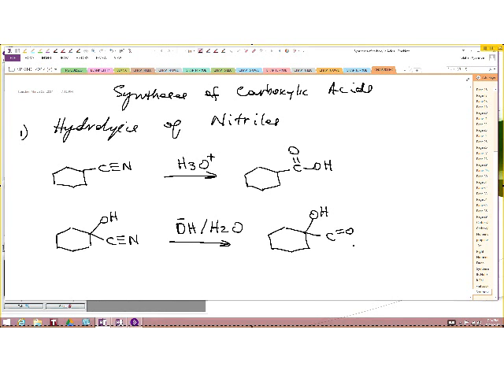and then when you do that, you get this. Because you are doing this under basic condition. And then very slightly acidify, because generally when you do this, you are applying heat, and very slightly acidify this to get your desired carboxylic acid.